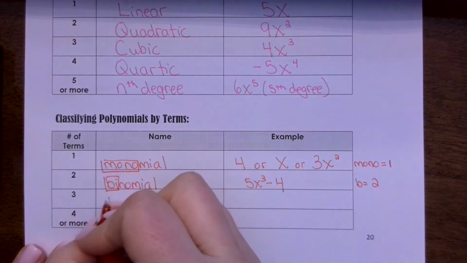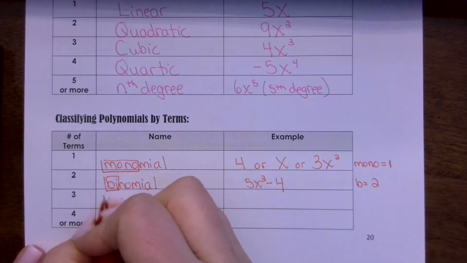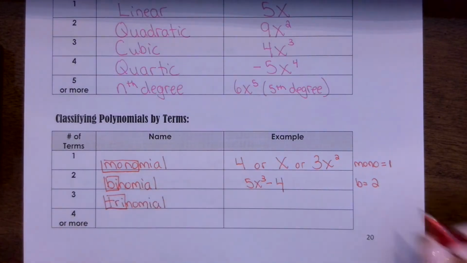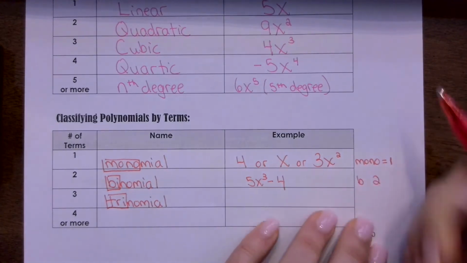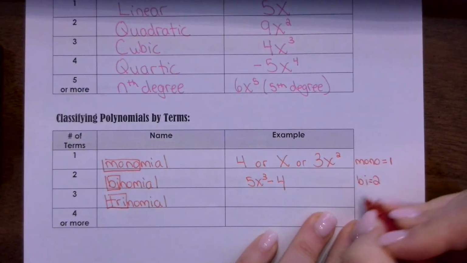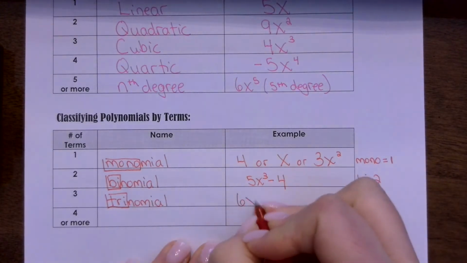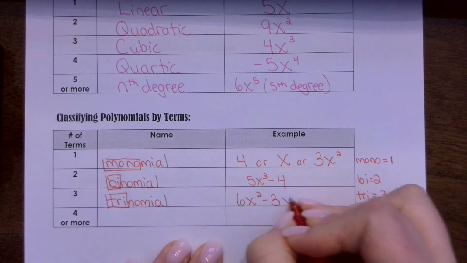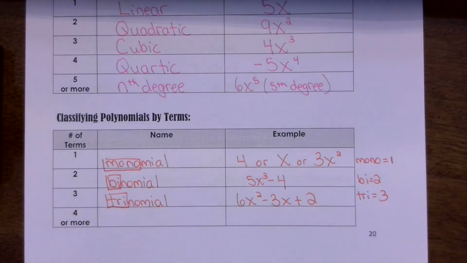3 terms is a trinomial. And again, I'm sure you know by this point, that I forgot to put the bi. That looks like the y-intercept, don't I? Tri equals 3. So maybe 6x squared minus 3x plus 2. And finally, 4 or more.